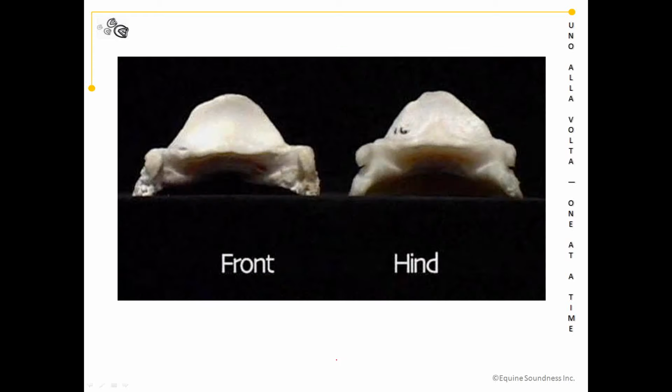The coffin bone of the front foot has a more shallow vault than the coffin bone of the hind foot. And therefore, we know that the concavity of the hind foot should be slightly more than the concavity of the front foot in a healthy foot.